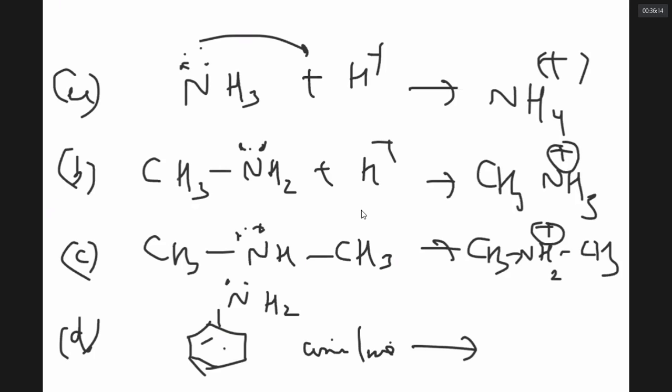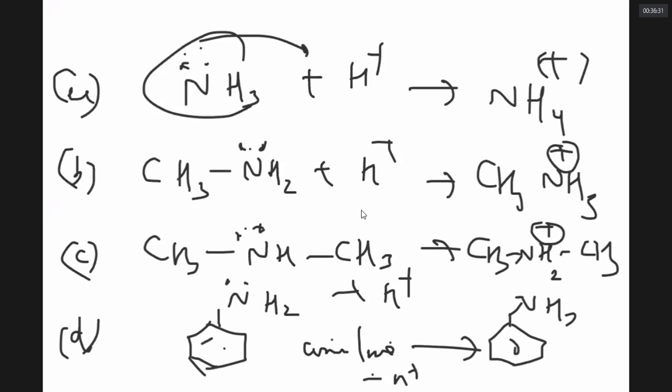In each case, these fellows are taking H plus. The question is, who will take H plus most readily? That fellow who has more electron density on nitrogen can take H plus readily. The electron density is increased by the methyl group's plus I effect. Here the electron density is increased by two methyl groups because there is more plus I effect. Therefore, in A, B, C, C is a better base than B, and B is a better base than A.